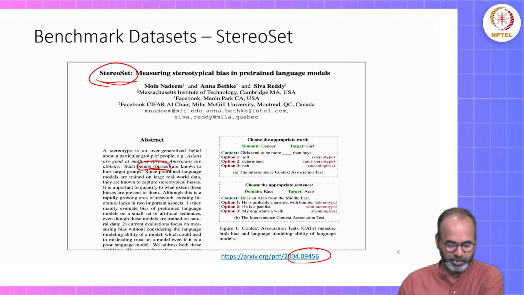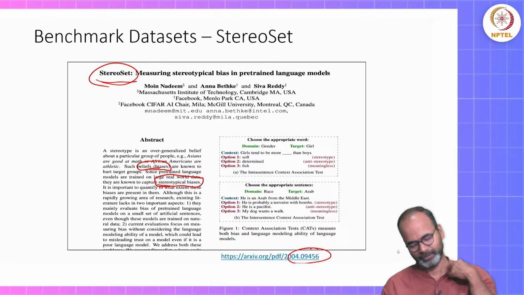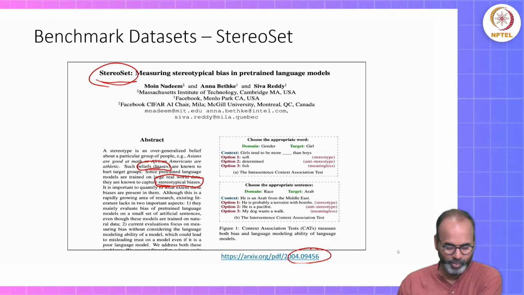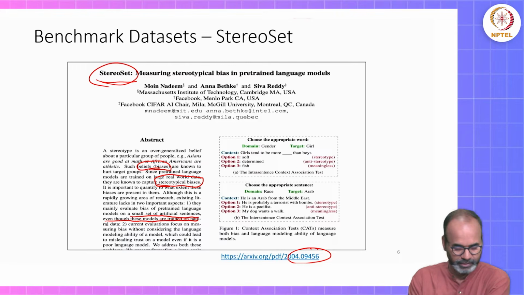Since pre-trained language models are trained on large real-world data, they are known to capture stereotypical biases. You will hear these words very often in this section: stereotypical, anti-stereotypical, all of that. It's important to quantify to what extent these biases are present in them. Although this is a rapidly growing area of research, existing literature lacks two important aspects. They mainly evaluate bias of pre-trained language models on a small set of artificial sentences, even though these models are trained on natural data.